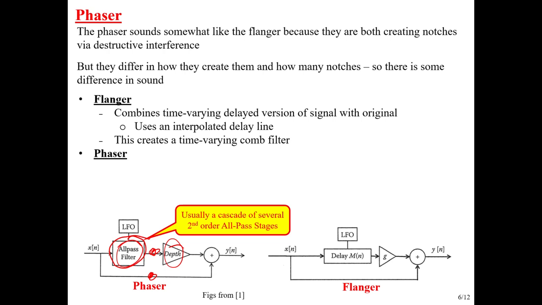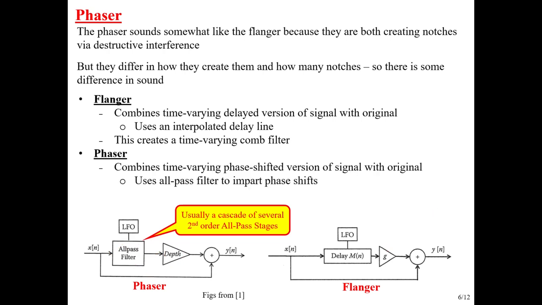So when we have an odd multiple of 180 degrees there, at those frequencies, we'll have notches. And we'll see when we analyze this that the structure, the spacing of those notches is going to be very, very different than what we had in a flanger. So 2 different ways of making those notches.